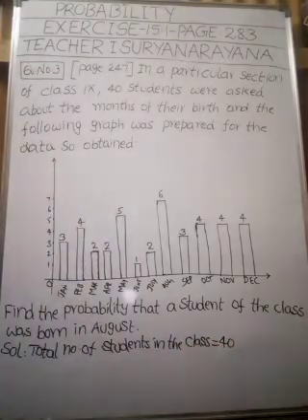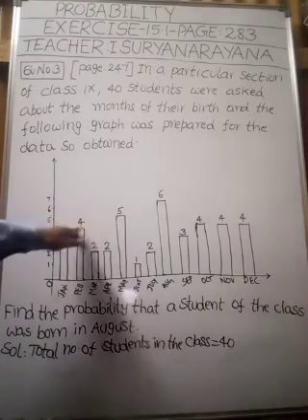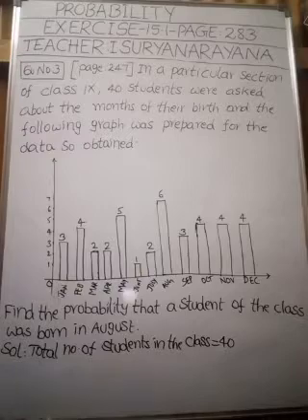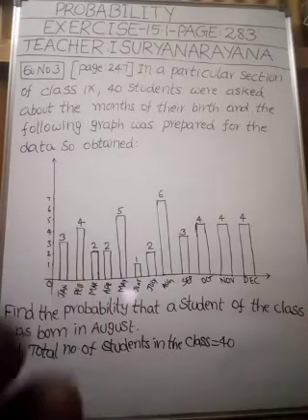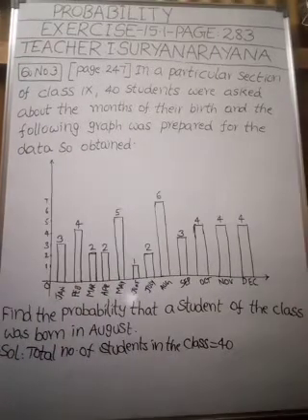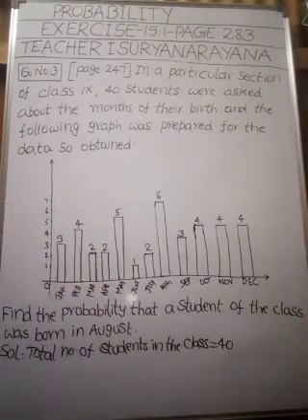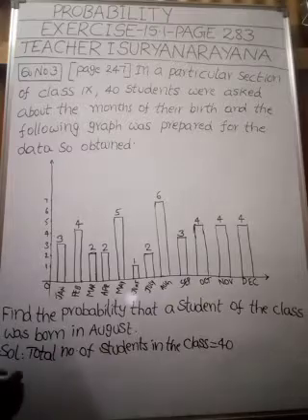Total number of students in the class, by adding all these numbers we get 40. Total number of students 40. Okay, my children. Right. How many students were born in the month of August? Yes, 6 students. So, number of students.